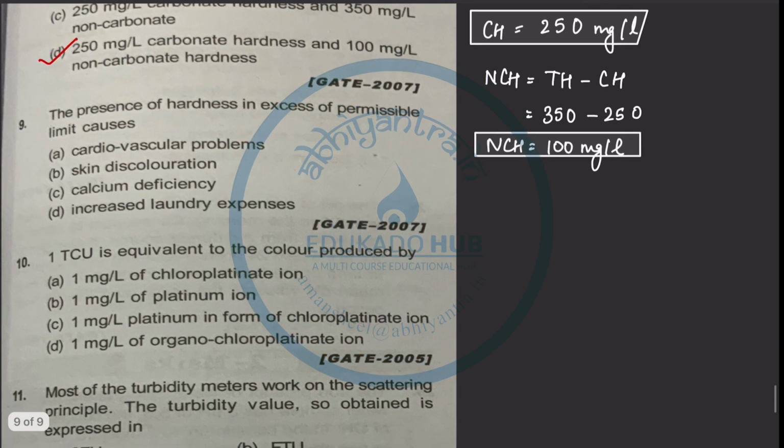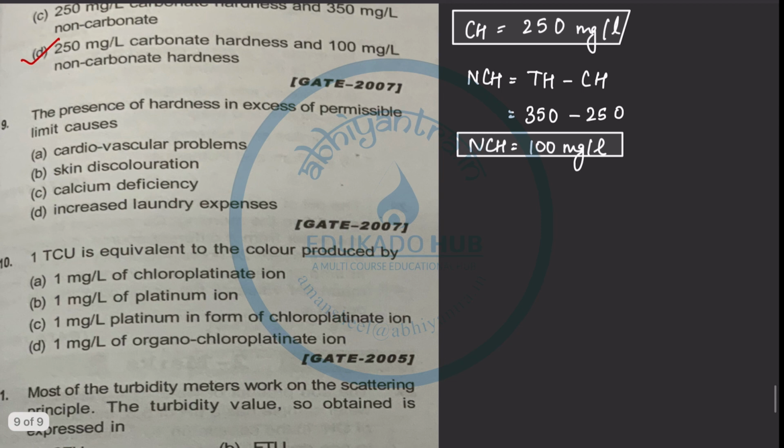Let's move further, and we have next question number 9. Presence of hardness in excess of permissible limit causes. For this we should remember that hardness of water is due to the presence of carbonates and bicarbonates of Ca2+ and Mg2+ in the water, the calcium and magnesium ions.